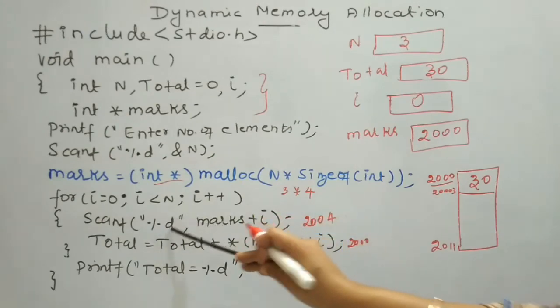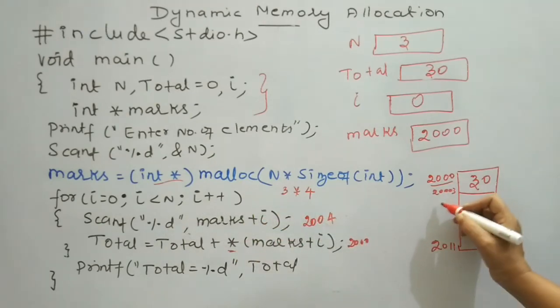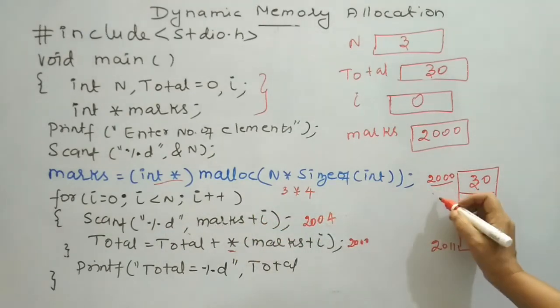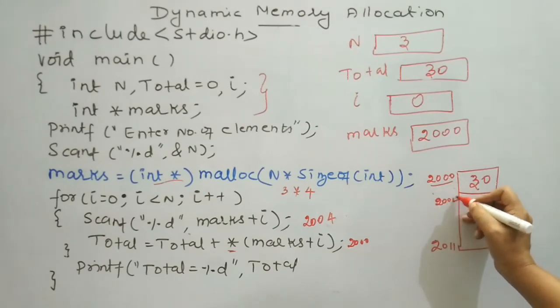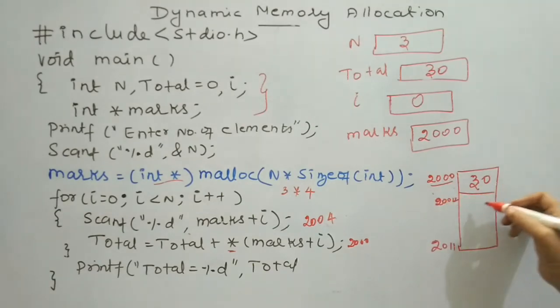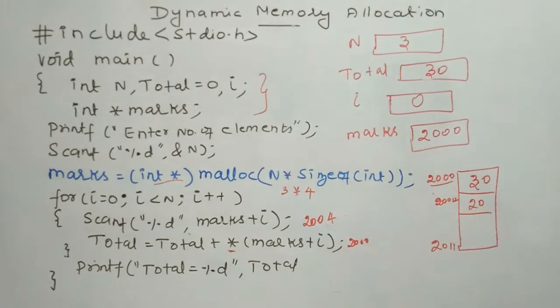Get the integer value and assign it to the memory address 2004, starting from 2004 to 2007. If I get the integer value 20 using this scanf function, 20 is assigned to this memory address.